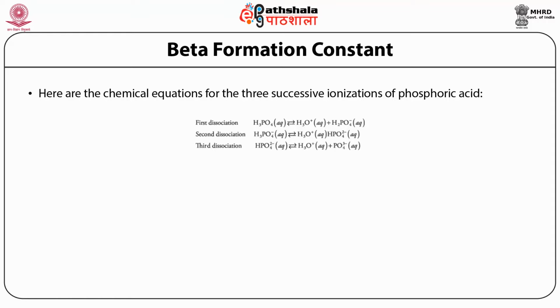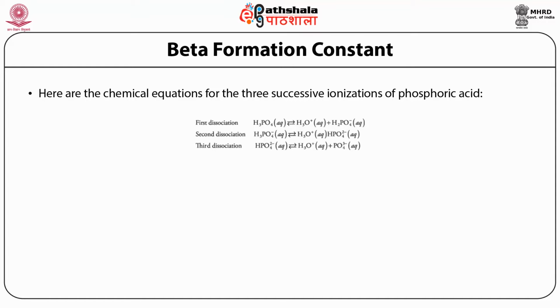Consequently, an aqueous solution of phosphoric acid contains all the following molecules and ions in various concentrations. What does it contain? An aqueous solution of phosphoric acid will contain all the constituents. What constituents? H3PO4 itself, which remains undissociated. In aqueous solution, H2O and H3O plus will be there, which is formed.